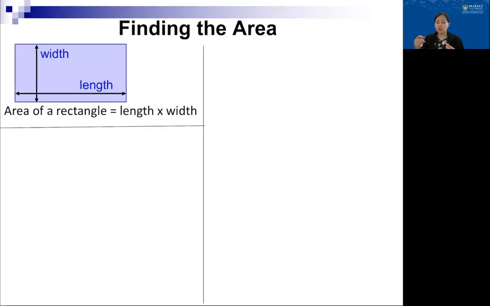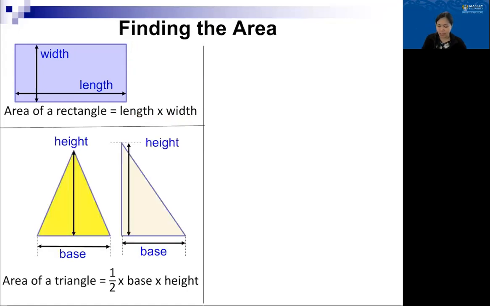Okay, so the area of the rectangle requires you to multiply the length, the longer side of the rectangle, with the width or the shorter side of the rectangle. So if the shaded area between your graph and the horizontal axis looks like a rectangle, then you can solve that area by multiplying the length with the width of the rectangle.